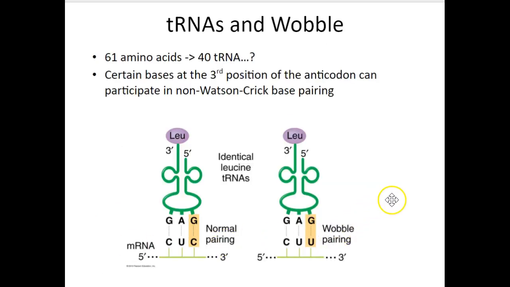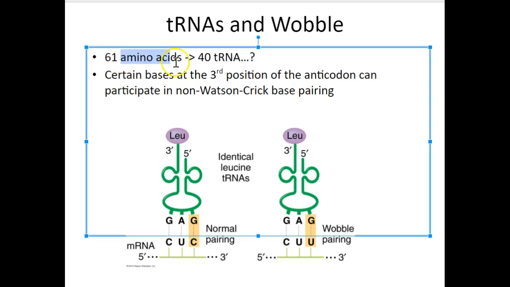Another interesting thing about transfer RNA molecules: if you look at the codon table that tells us what messenger RNA codons are going to be responsible for dictating what amino acids are chosen by the ribosome, we'll see that there are 61 different, not amino acids, but codons.